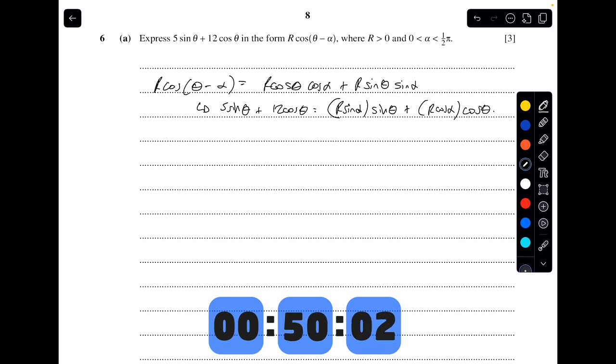So therefore r sine alpha is equal to 5, r cos alpha is equal to 12, right?